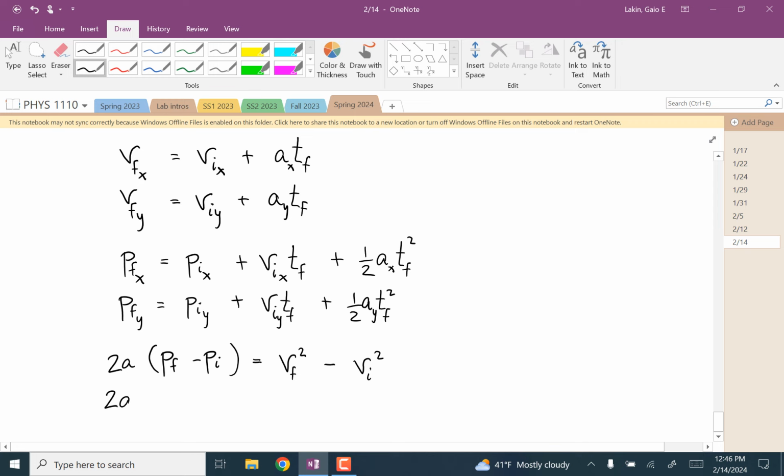And we have 2 of those. The first one is all x components, and the second one is all y components.